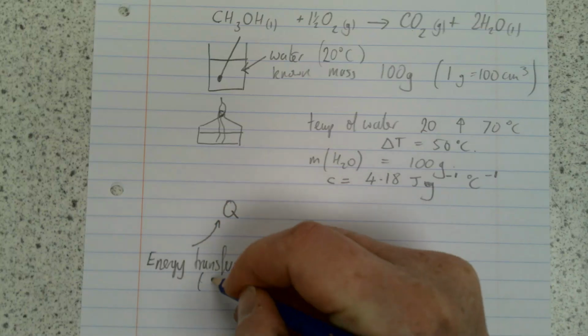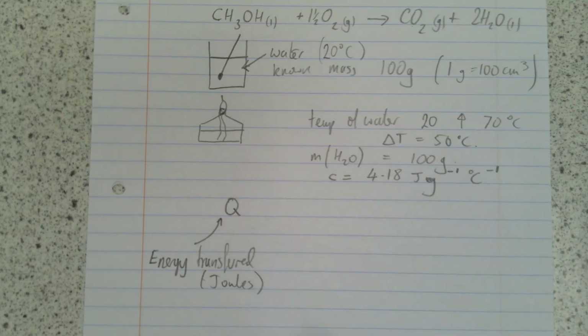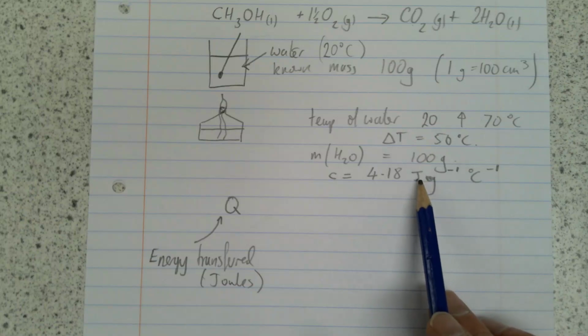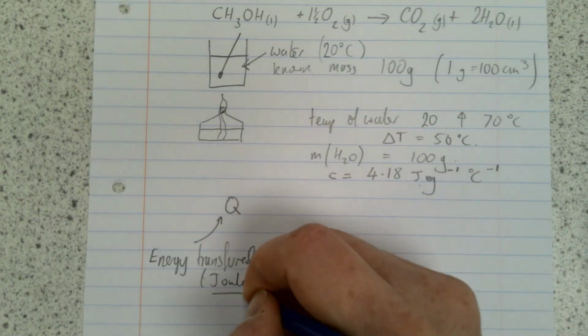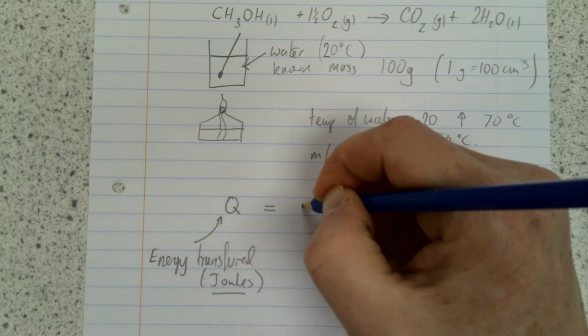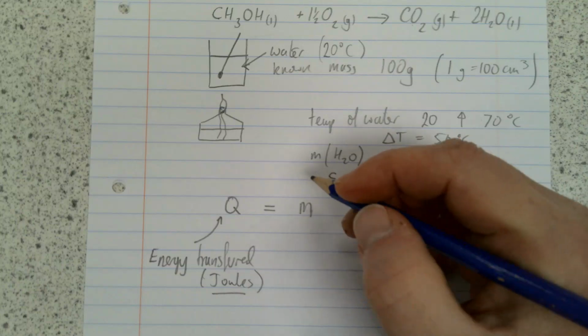It's really important that you start to learn and make notes that this is joules. And I will reiterate it, of course, and I'll keep reminding you when we're practicing. But it's important you realise this is in joules. And it makes sense, doesn't it, from the information you've got up here. It's joules per gram per degree C. Please make a note of that. And that is equal to the mass of the water, not the mass of the methanol, but the mass of the water.